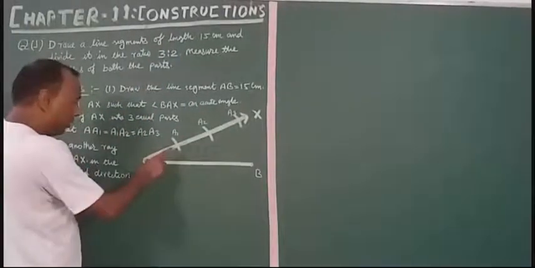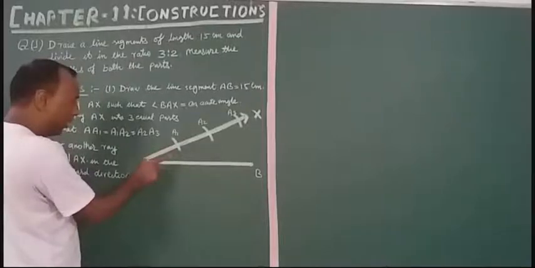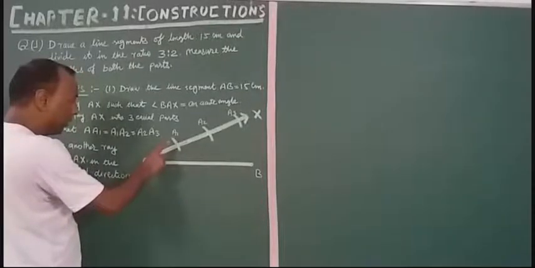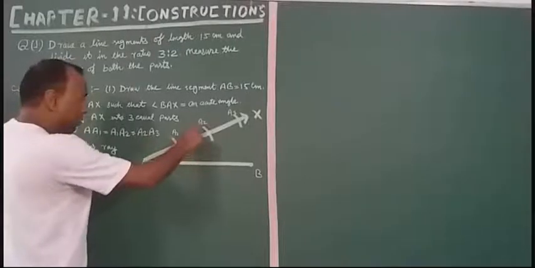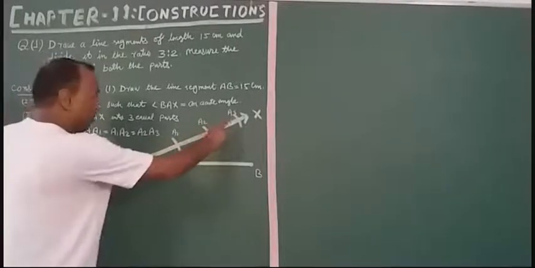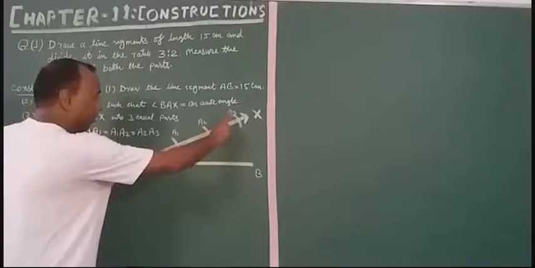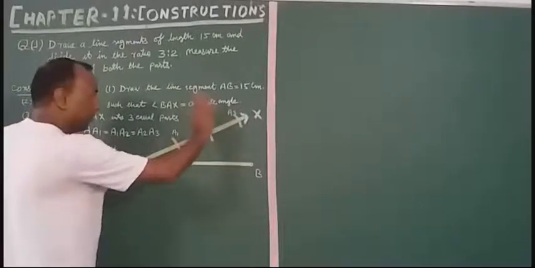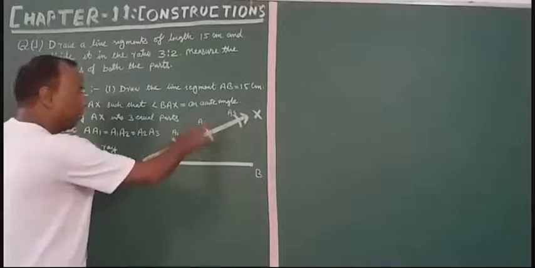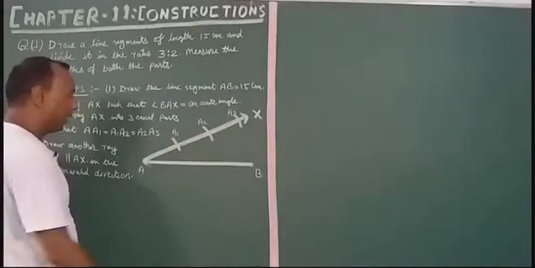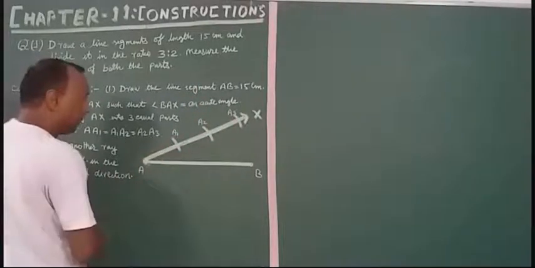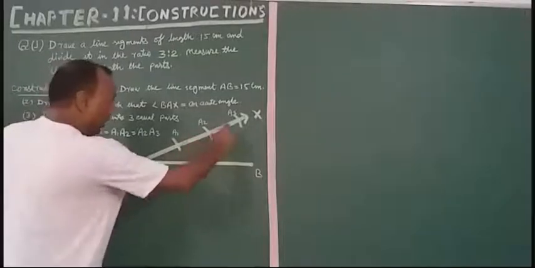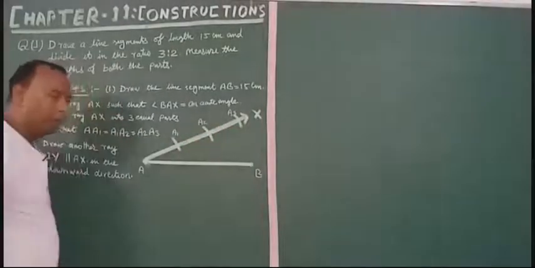We will put the compass metal point here and with a suitable radius cut off an arc. Again from the same radius we will cut off another arc, and again from point A2 this arc. We got the points A1, A2 and A3, and the lengths AA1, A1A2 and A2A3 will be the same.